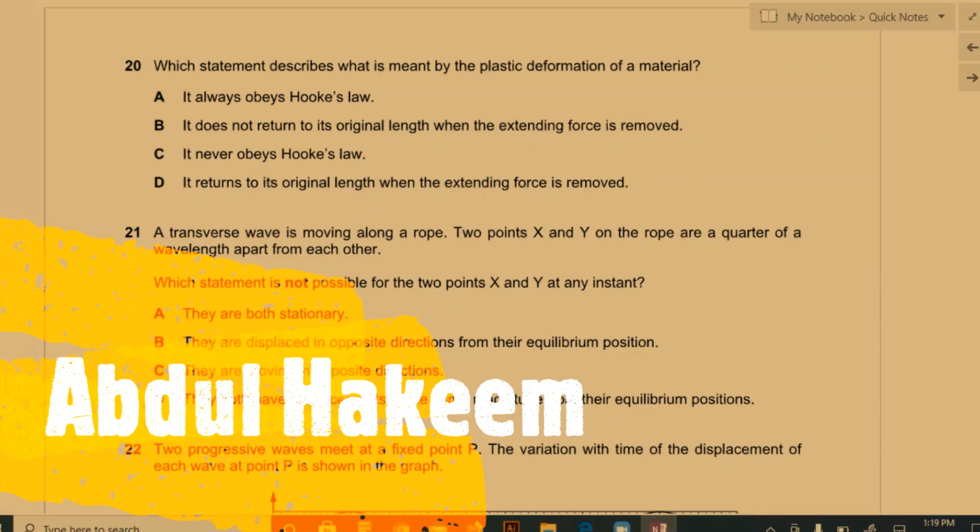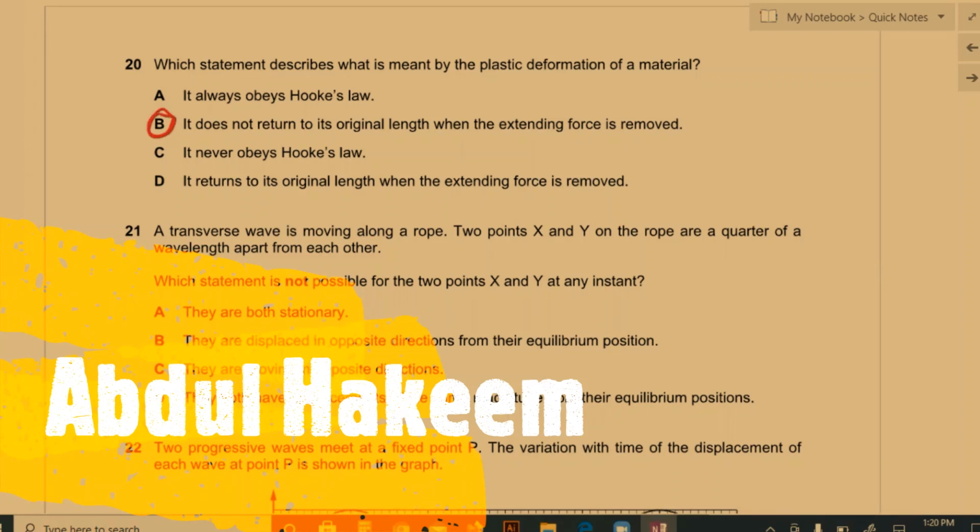It never obeys Hooke's law. But when the object is in the elastic limit before the plastic deformation, it obeys. So this is wrong. It returns to the original length. No, because it is permanently deformed. So the best option is B.